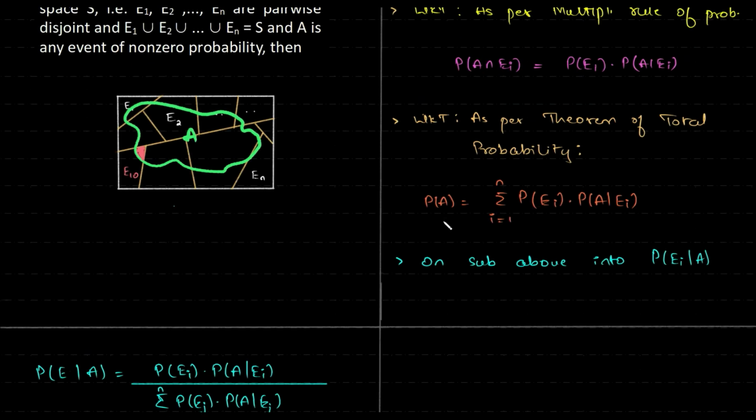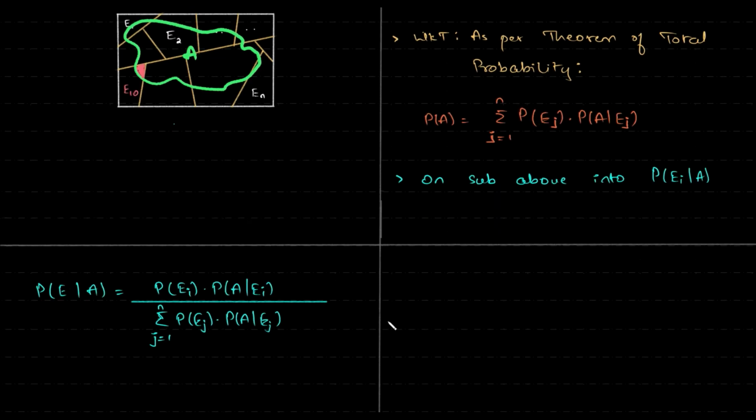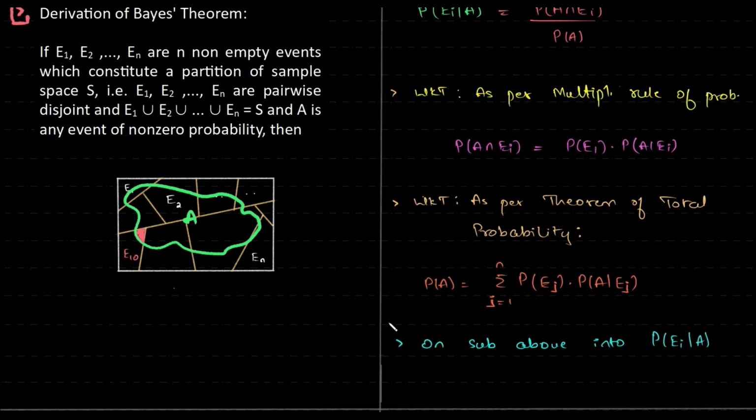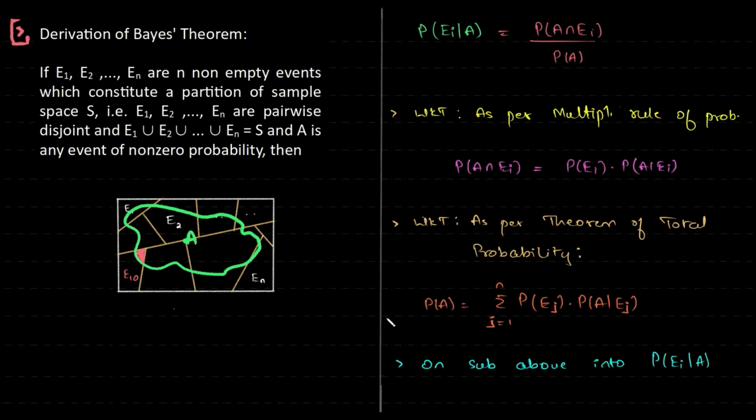Actually, it's confusing to have i in both places, so I'll make the denominator index j. Yes, so j, j, and j. Don't worry, we'll make use of it.